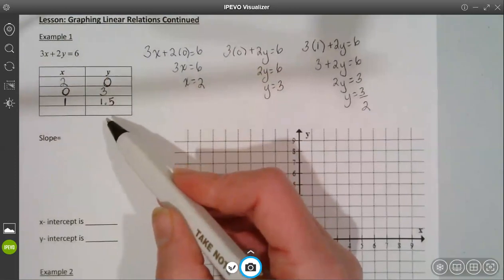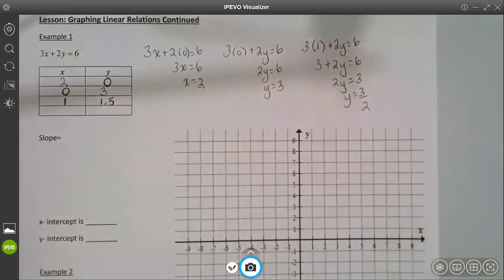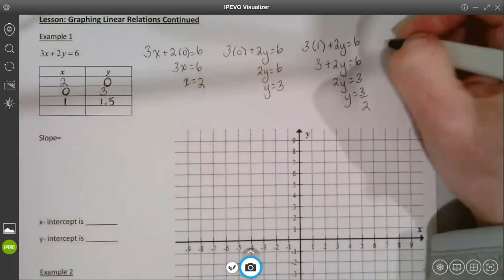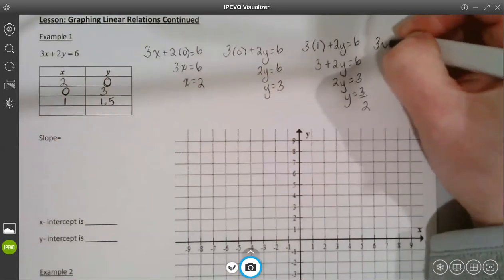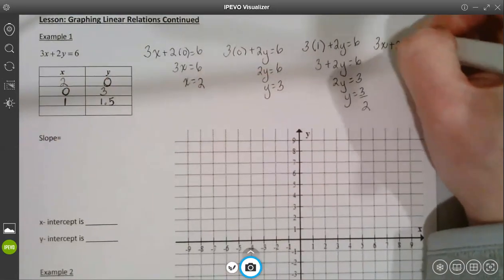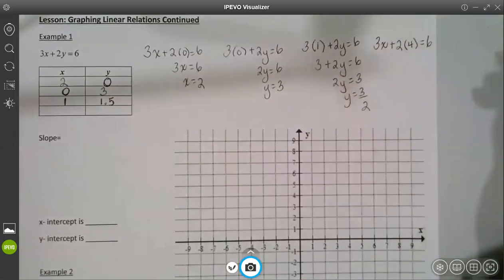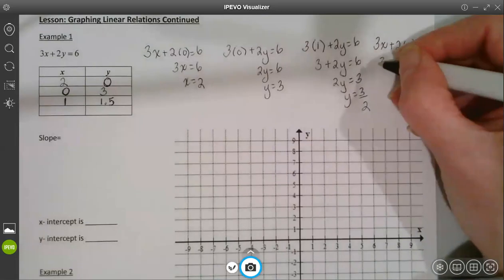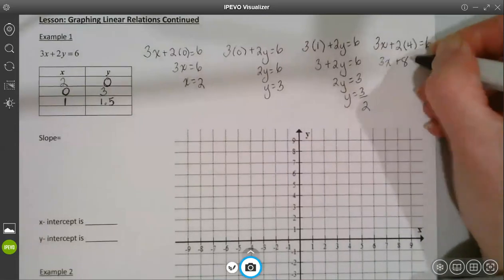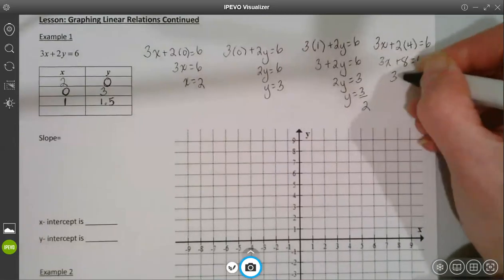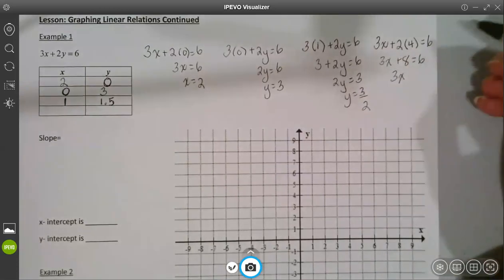And now let's choose a value for y, because you can choose y and find its partner x. So I'm going to randomly pick y is 4. So I'm going to say 3x plus 2, replace the y with 4, and that is equal to 6. And we're going to clean this up. 3x plus 8 is equal to 6. Gather the x terms on one side.